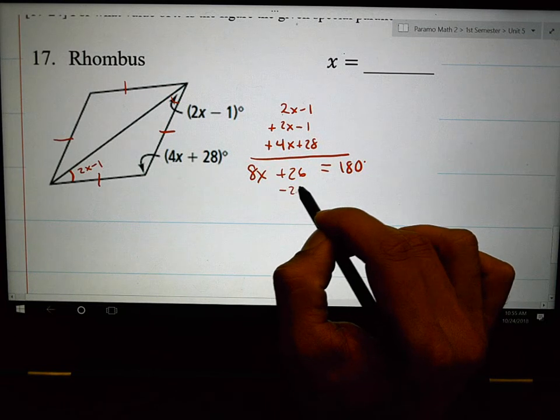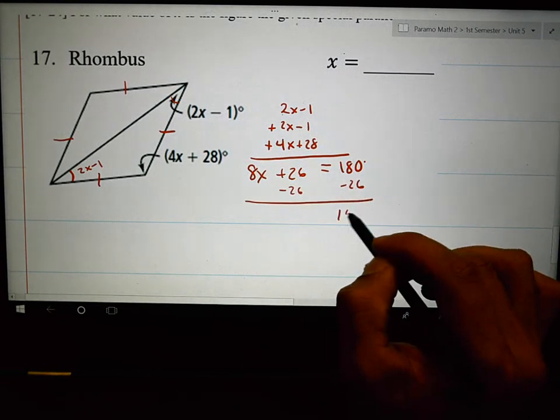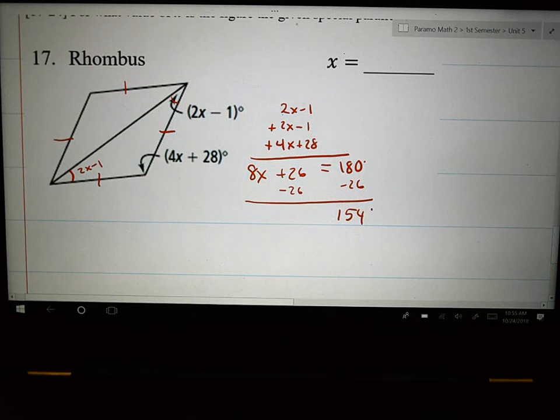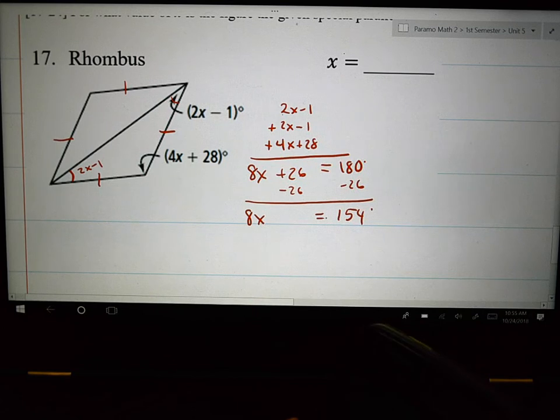Subtract 26 from 180, I get 154. This is an excellent time to pull out my calculator, which is what I'm doing. Then I'm going to take that 154 and divide it by 8.